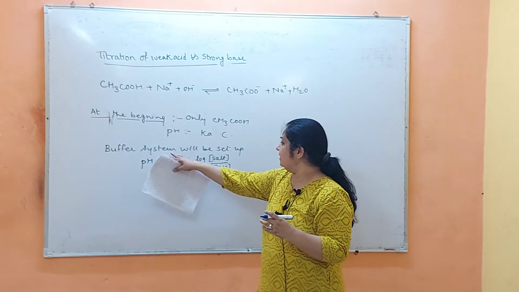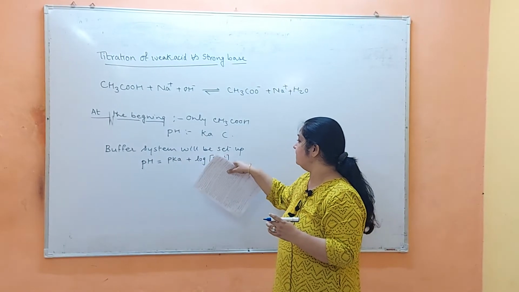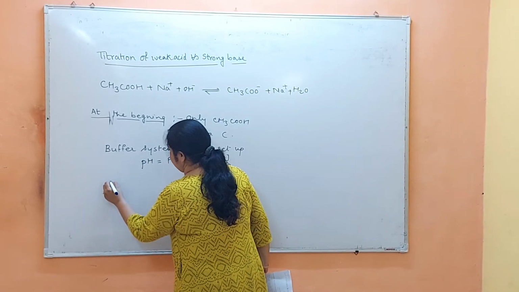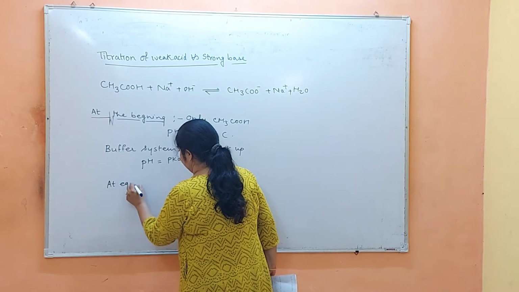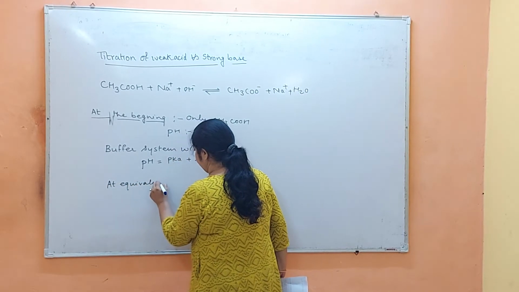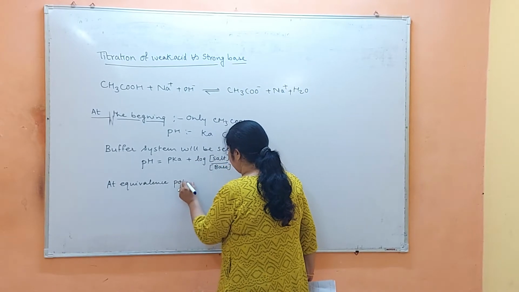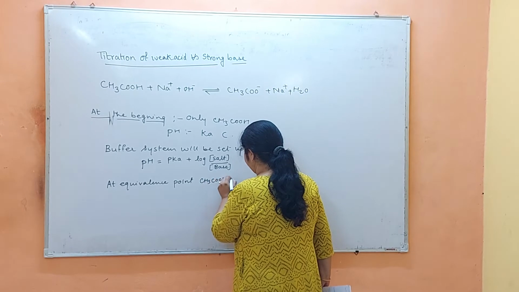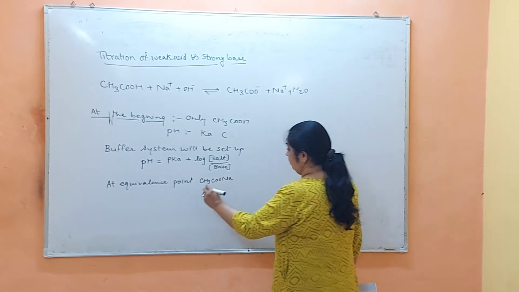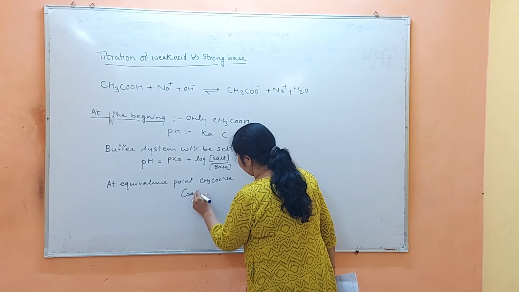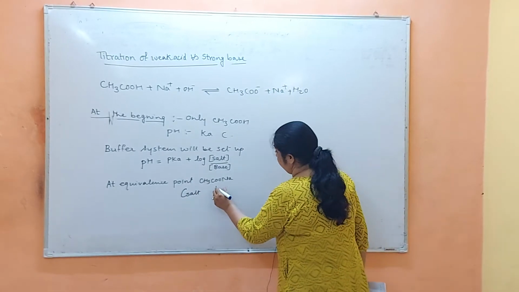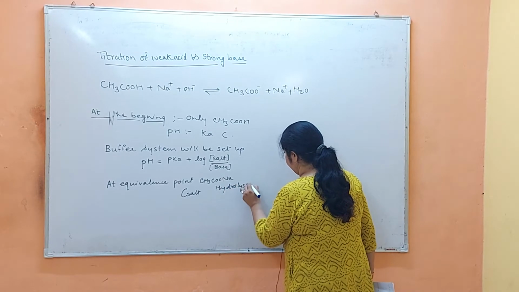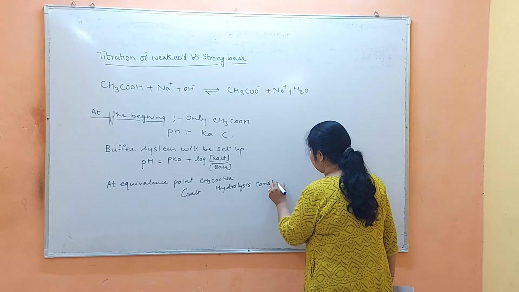Now see, when in between the buffer system is set up, you can calculate the pH this way. At equivalence point, where only sodium acetate, that is salt, is there, we can calculate the pH using the concentration of salt, but here we are going to use the hydrolysis constant, that is Kh.